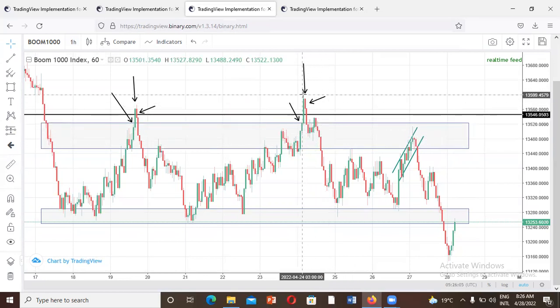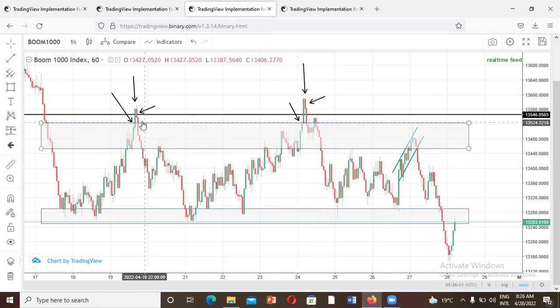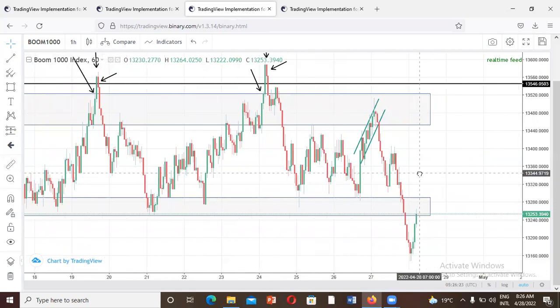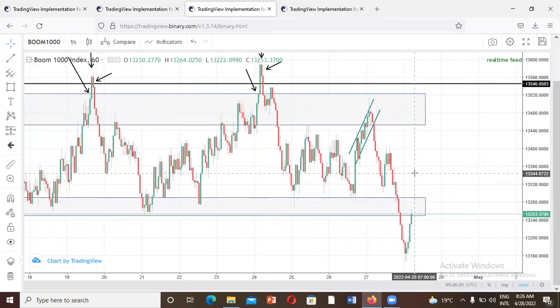The best is once the candle is finished printing, and then you jump in. Even with this, it finished printing and then you jump in for the ride all the way. Now this is the only place where I'm seeing there's a retest.